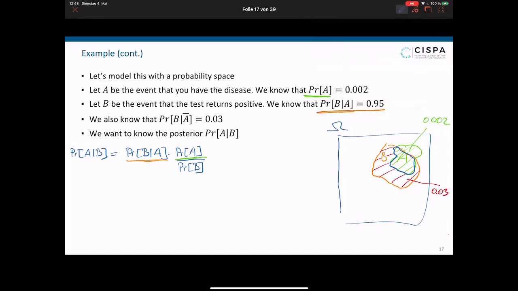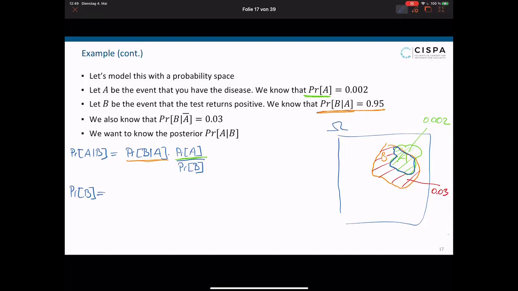So what do we do there? And this is really a blueprint of how we're going to use the law of total probability and Bayes' law in general. There will often be something in the denominator which we still don't have. And what we're going to do in that case is we're going to expand it using the law of total probability.